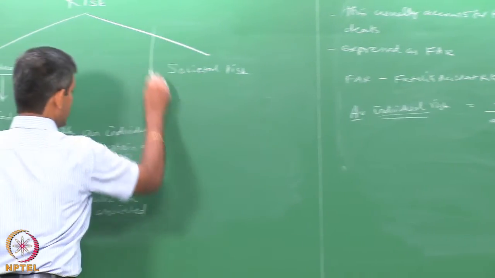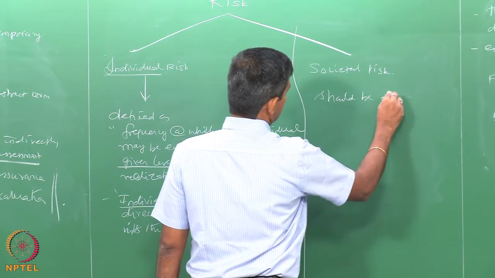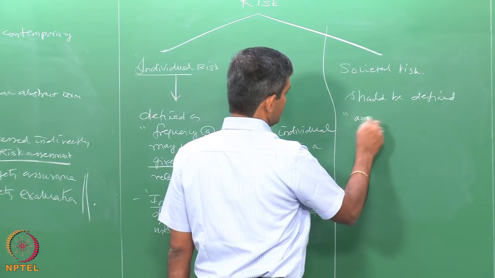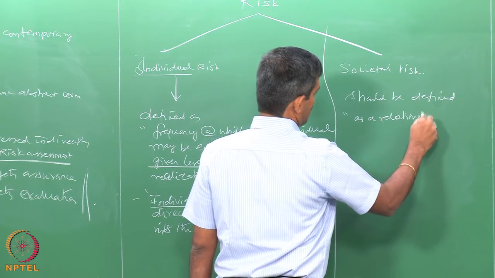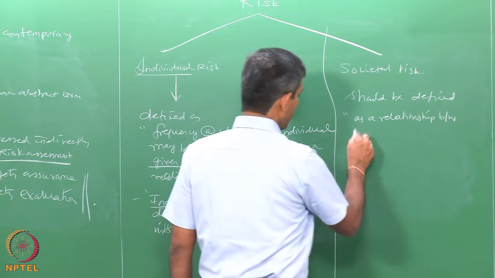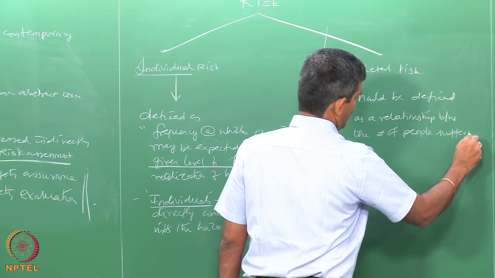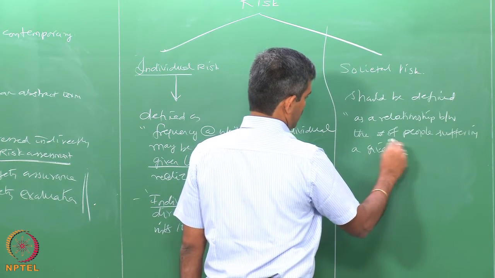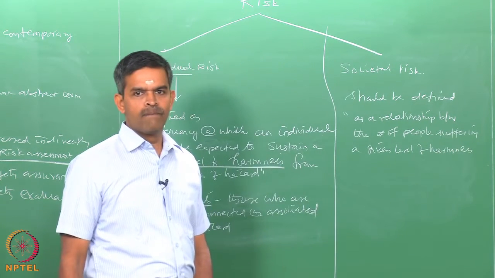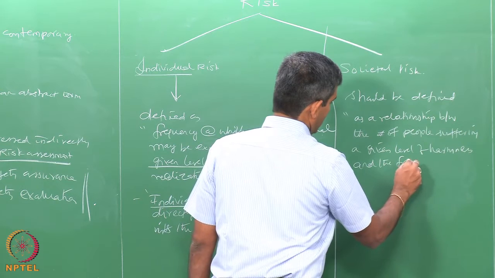The societal risk then should be defined as a relationship between the number of people suffering a given level of harm and the frequency of that kind of harm.